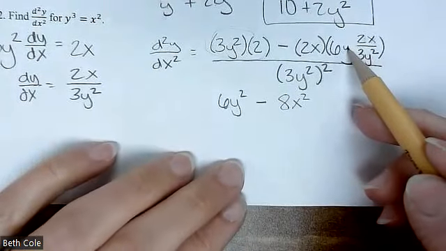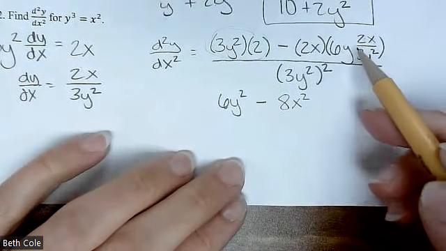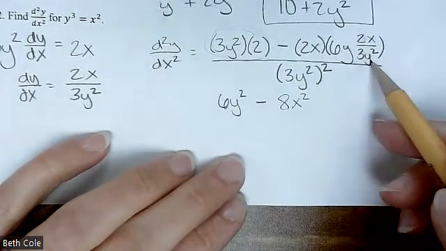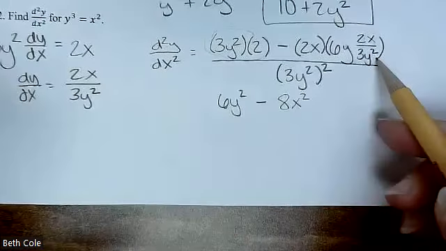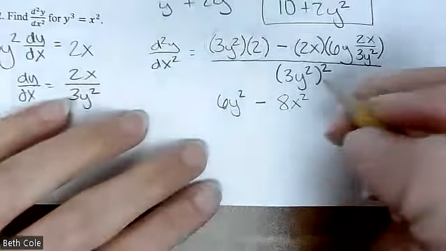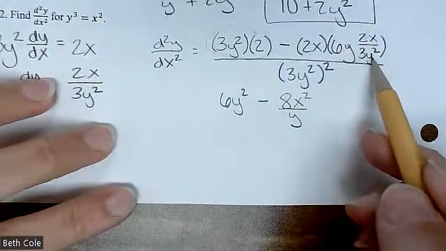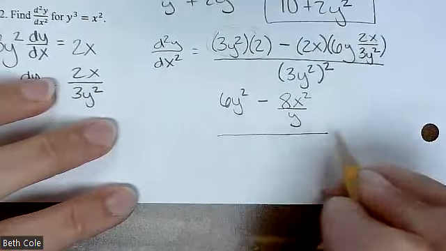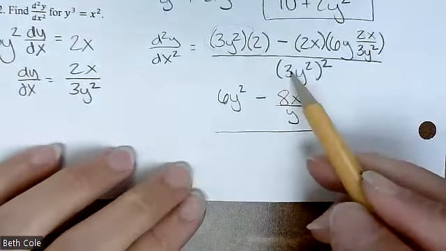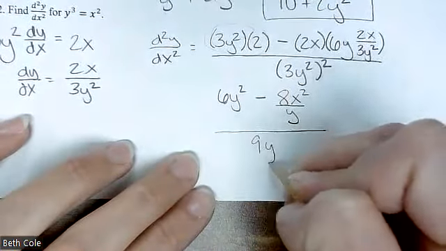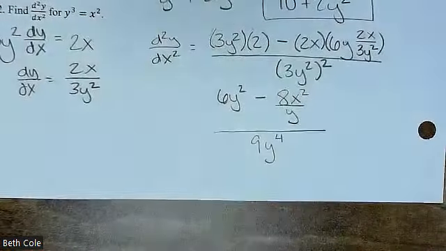And then we have a y, but then divided by a y squared. So it's just 1 y, but it goes underneath. So one of the y's canceled, one of them stayed, but it was underneath. And then that's over 9, good, perfect, y to the 4th.